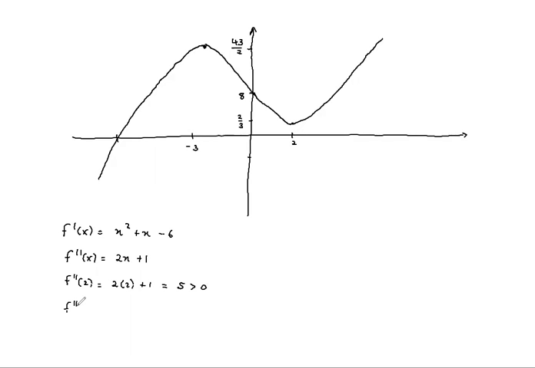What is f double prime of -3? You get 2 times -3 plus 1. This is -6 plus 1, which is -5, less than 0. So if it is greater than 0, then it is minimal, and the opposite, maximum. So that is an alternative.